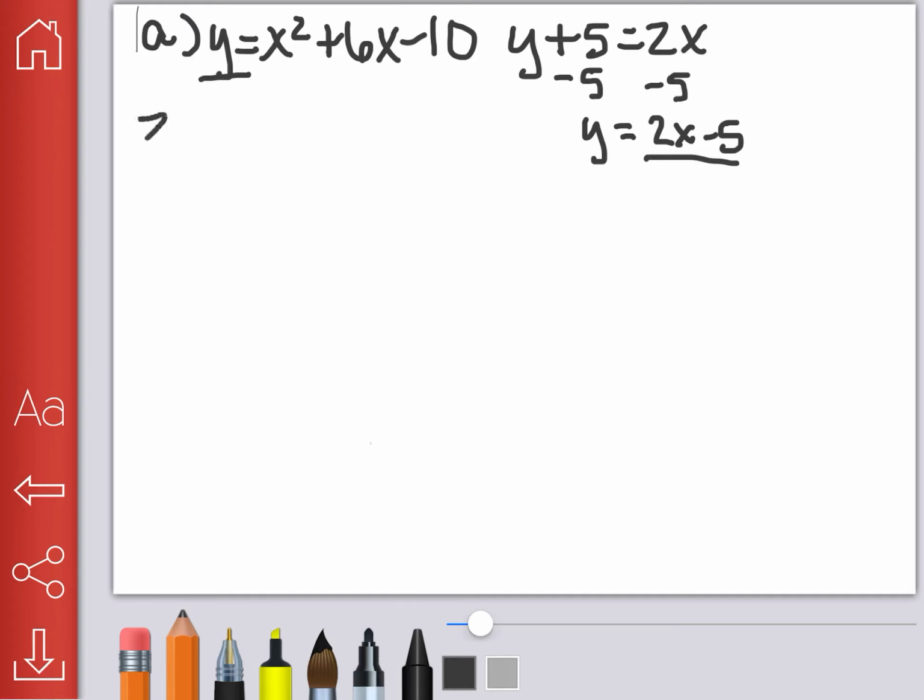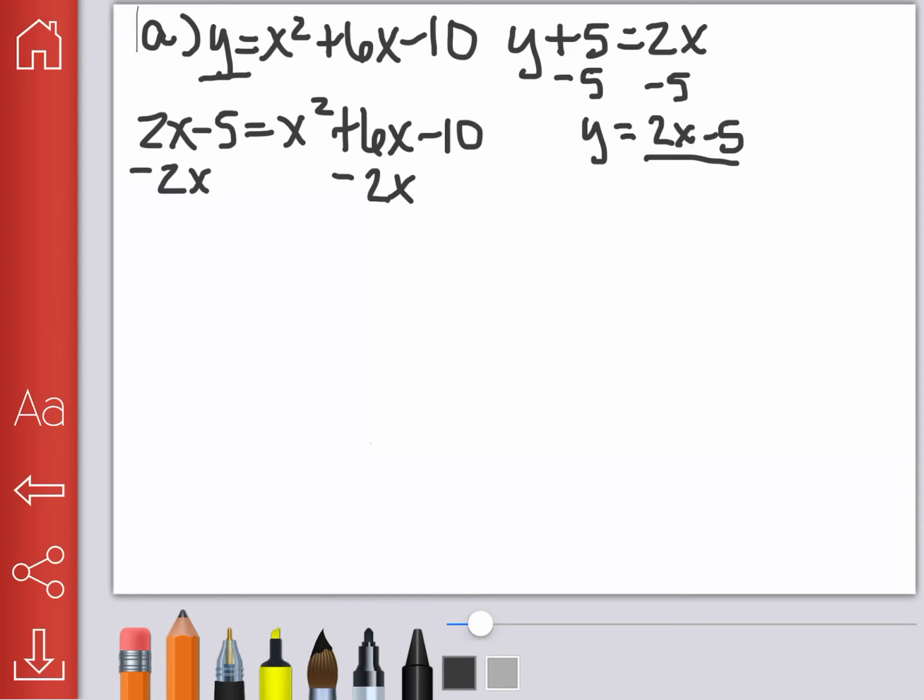So we're going to have 2x minus 5 equals x squared plus 6x minus 10. Now we want to get this in standard form, so we want to get it all on one side. So minus 2x, plus 5, plus 5. So we've got x squared plus 4x minus 5 equals 0.